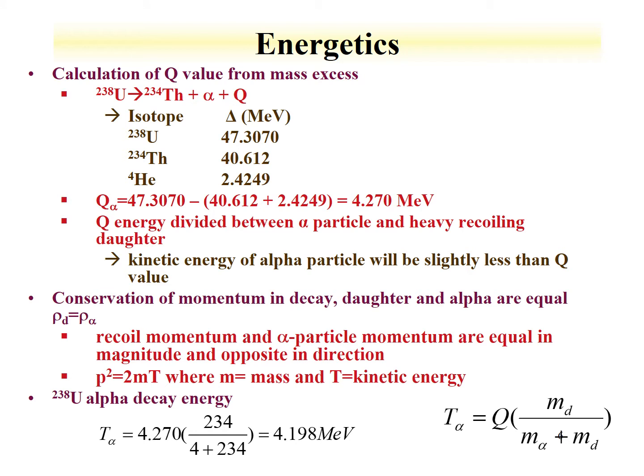We can see that the Q value is 4.27 MeV. Then we can plug this into our equation here and calculate the alpha decay energy from the Q value. We see that the Q value is 4.27 and our alpha decay energy is 4.198 MeV.